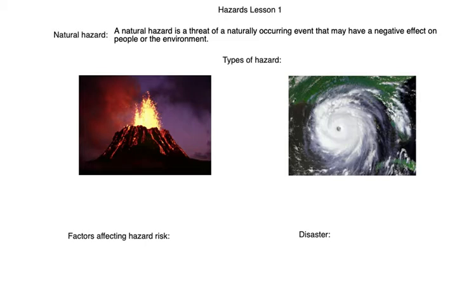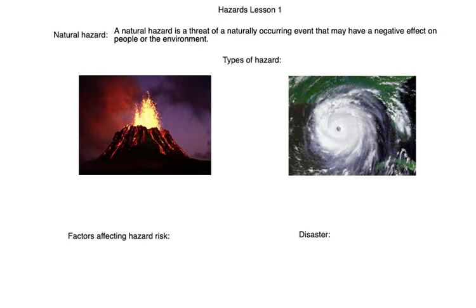So let's start off by defining what a natural hazard is. A natural hazard can be defined as a threat of a naturally occurring event that may have a negative effect on people or the environment. So it's that threat.